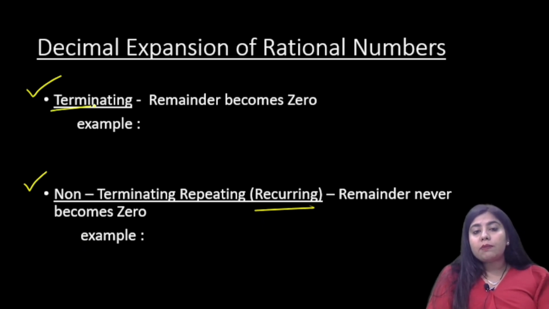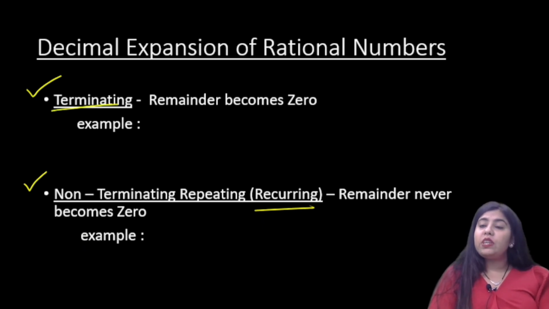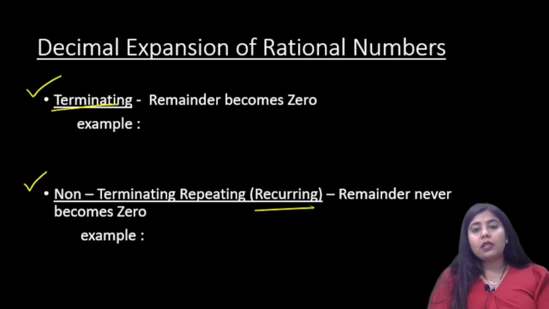Terminating decimal expansion means we have a rational number. We know how to convert a rational number into the decimal expansion. When we are converting the rational number and we get the remainder as 0, then that decimal expansion is the terminating decimal expansion, meaning it stops after a certain point.